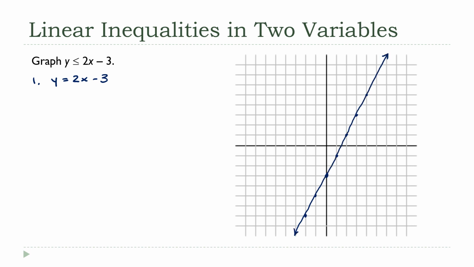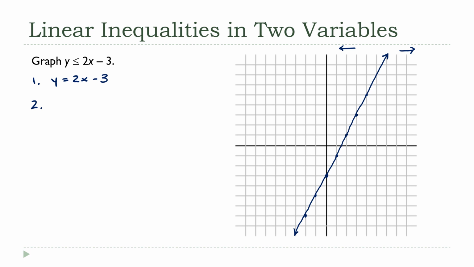And that line is the boundary to my solution. Right? So my solution is going to either be everything over here to the left of the line, or everything over here to the right of the line. And you got to figure out which side it is. Well, the way I'm going to do that is I'm going to pick a test point, and you can pick any points you like for this.